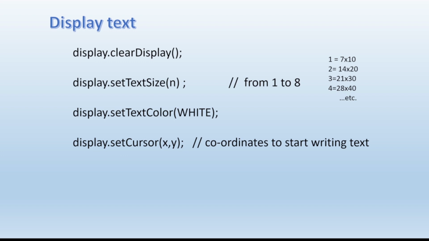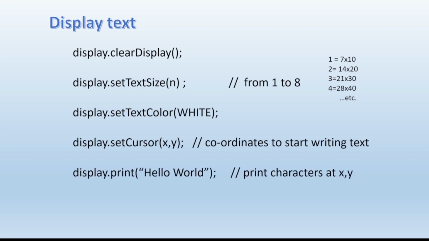How far down the y-axis do we go before we start the printing? And finally, we can print the text that we want. So we're going to print the characters at X and Y, the words "Hello World." We got there.